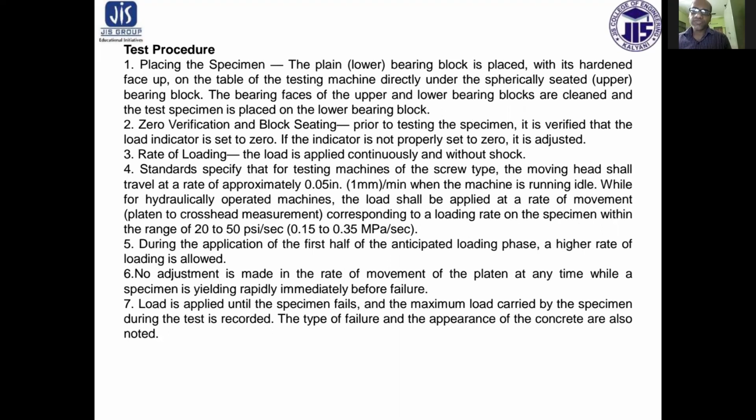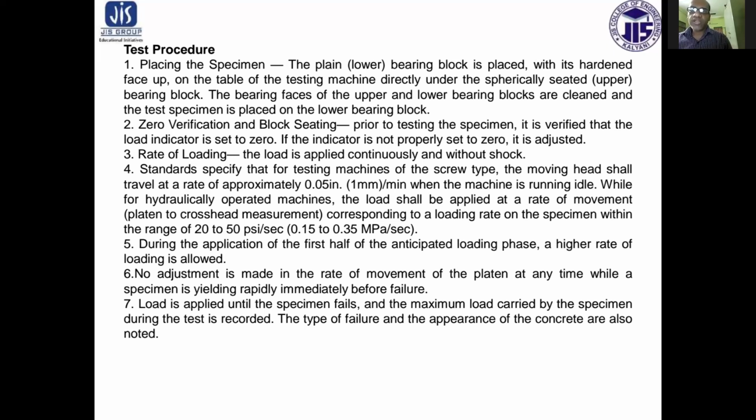Test procedure. First of all, we need to place the specimen. The plain lower bearing block is placed with its hardened face up on the table of the testing machine, directly under the spherically seated bearing block. The bearing faces of the upper and lower bearing blocks are cleaned and the test specimen is placed on the lower bearing block.